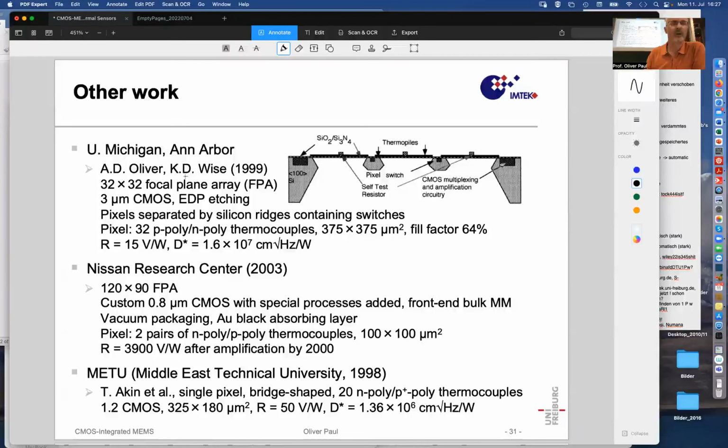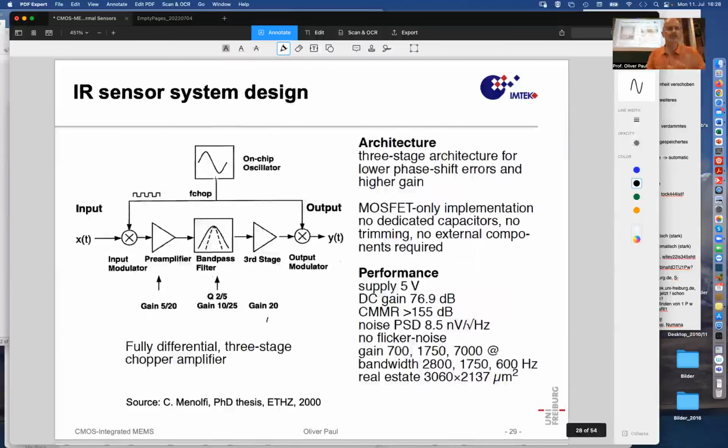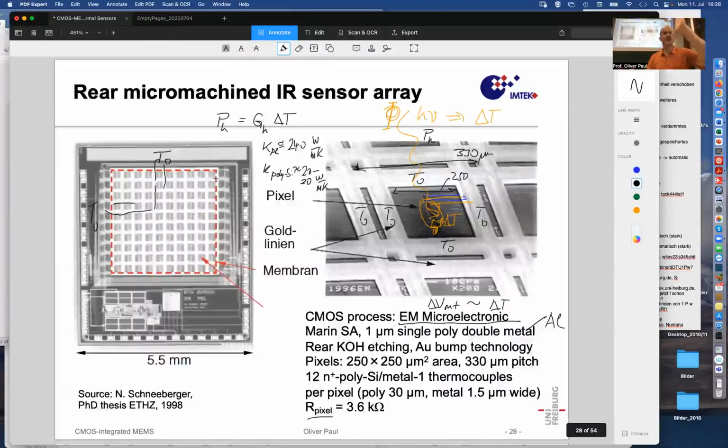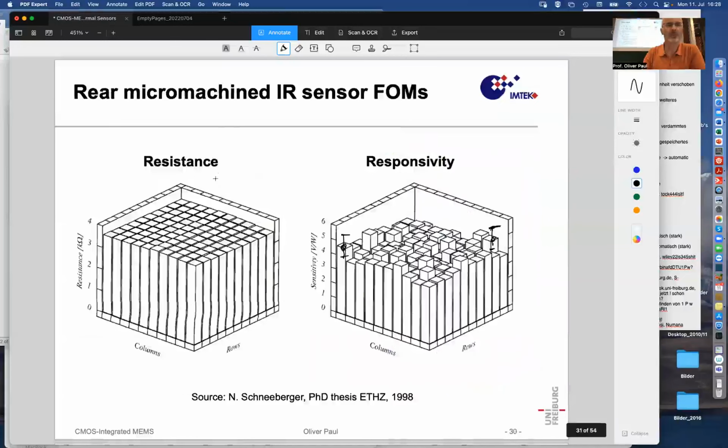And in the group of Ken Wise, there was Dr. Oliver's group who produced a 32 by 32 sensor array. They call it focal plane array. That is also a name that is given to this kind of structures, because that plane array is put in the focus, the focal distance of some projecting system that maps the environment onto them. So that focal plane array.